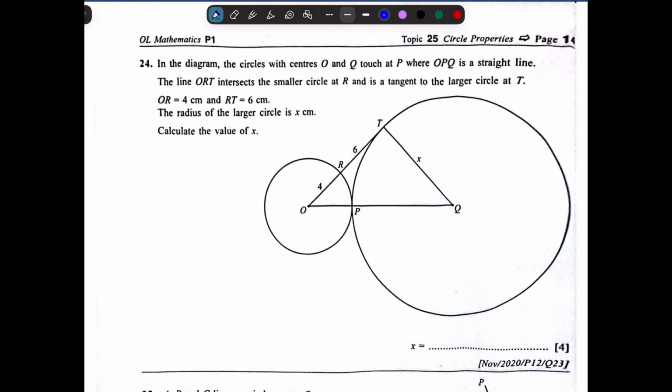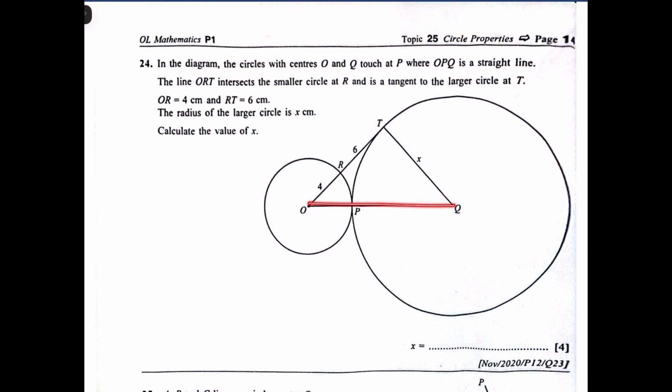In the diagram, the circles with center O and Q touch at P. So the circles touch at P, where OPQ is a straight line. The line ORT intersects the small circle at R and is tangent to the larger circle. Okay. So Q is the center of the larger circle, while O is the center of the smaller circle.